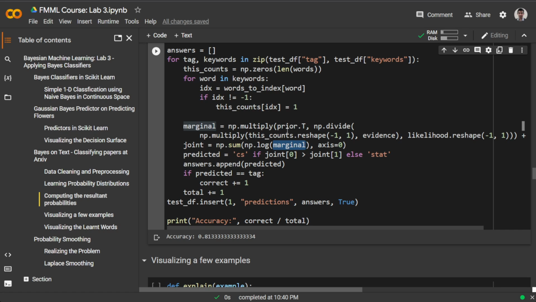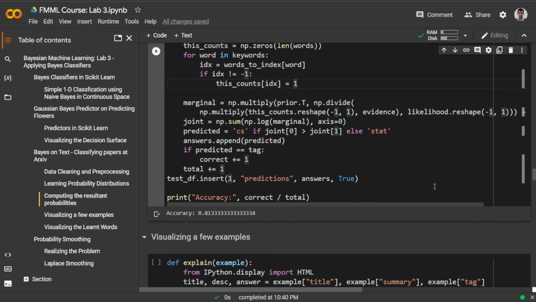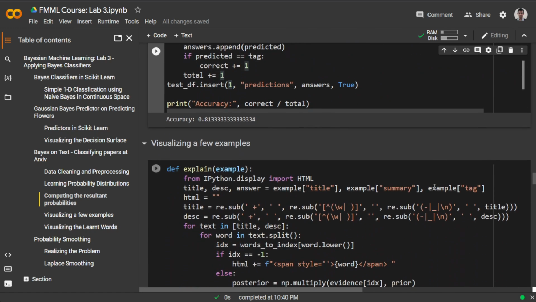And this is going to cause a numerical error because log of 0 is undefined. We are going to solve this using this little piece of code over here. We are going to boost the count artificially to at least 1. And this is something called smoothing, label smoothing, that we talk about briefly in the later part of this lab.